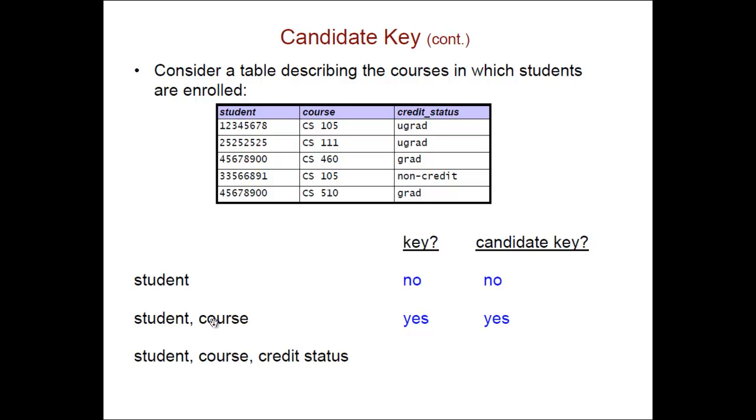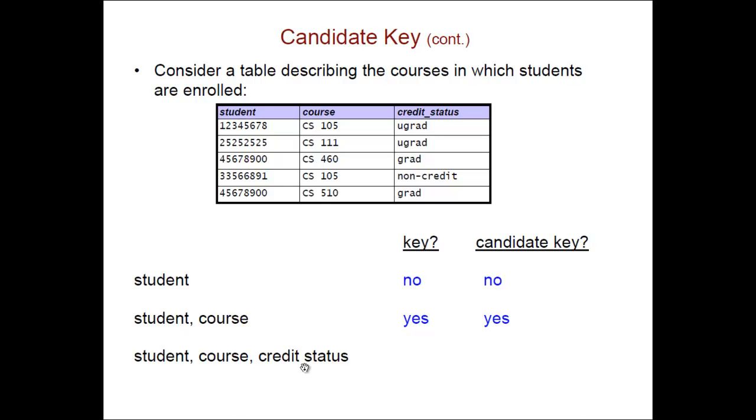So if I take away course, I'm left with just student, and we already said that student alone is not a key. If I take away student, I'm left with course, and a given course value can appear more than once. So that's not a key either. And therefore, the combination of these two is minimal. Neither one of these is unnecessary, and therefore it is a candidate key.